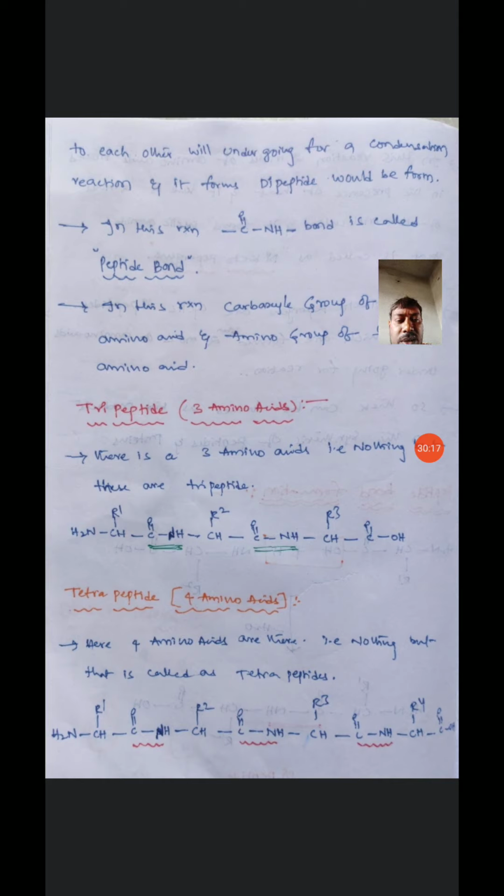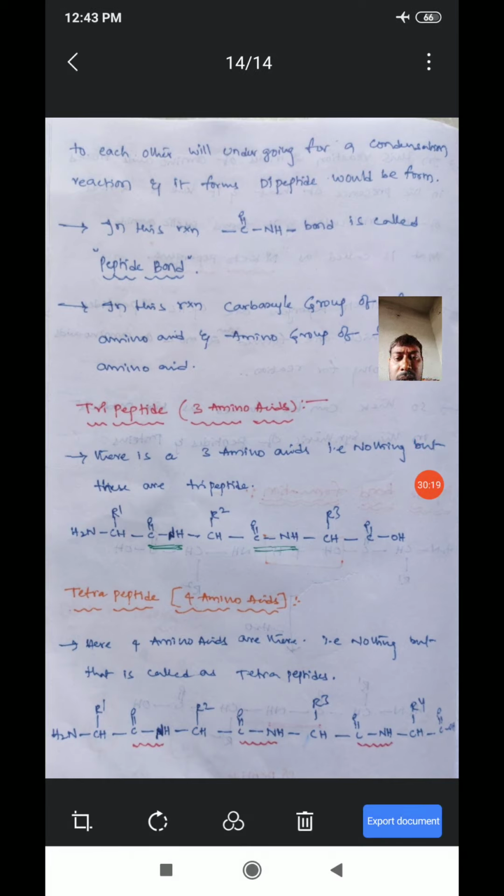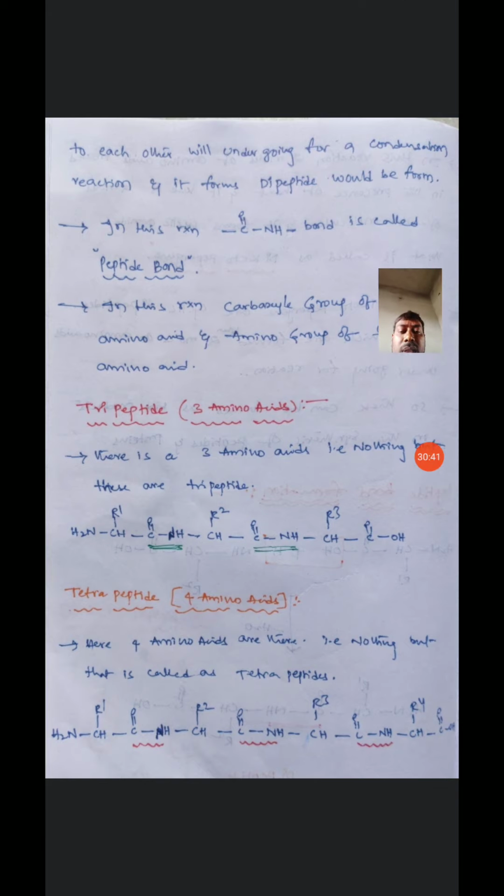The next one, tripeptide, is 3 amino acids. Dipeptide means 2 amino acids and tripeptide means 3 amino acids. In this reaction, 3 amino acids undergo condensation reactions to form a tripeptide.